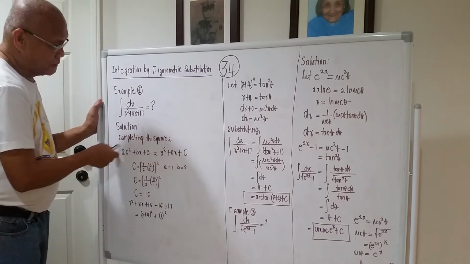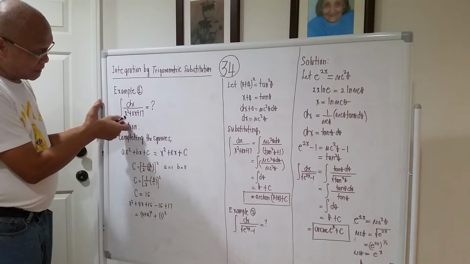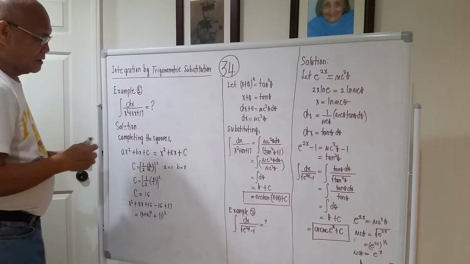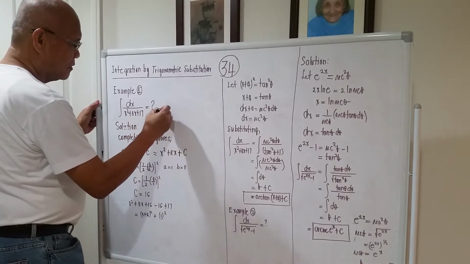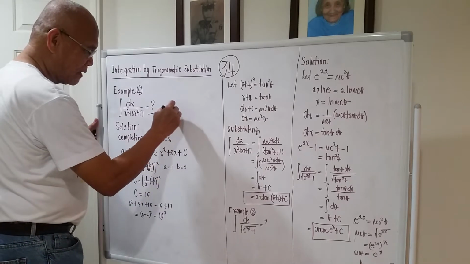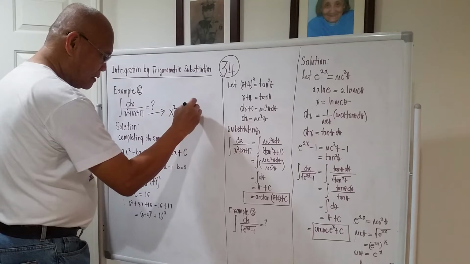Completing the squares first. The given denominator is x squared plus 8x plus 17, and we should transform this to the form x squared plus a squared.